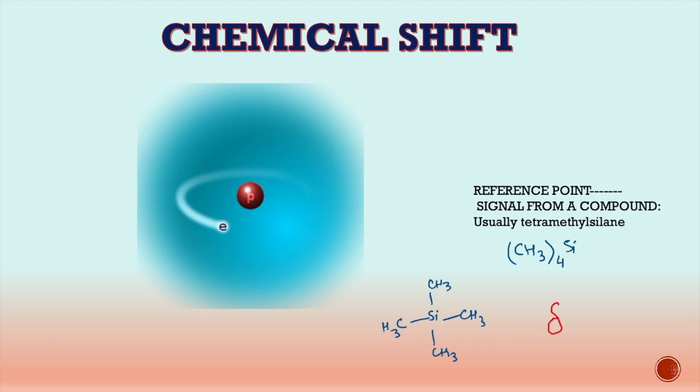The position of the tetramethylsilane signal is taken as 0 ppm. So most chemical shifts have delta values between 0 and 10. The smaller delta value represents a small downfield shift, and a large delta value represents a larger downfield shift.